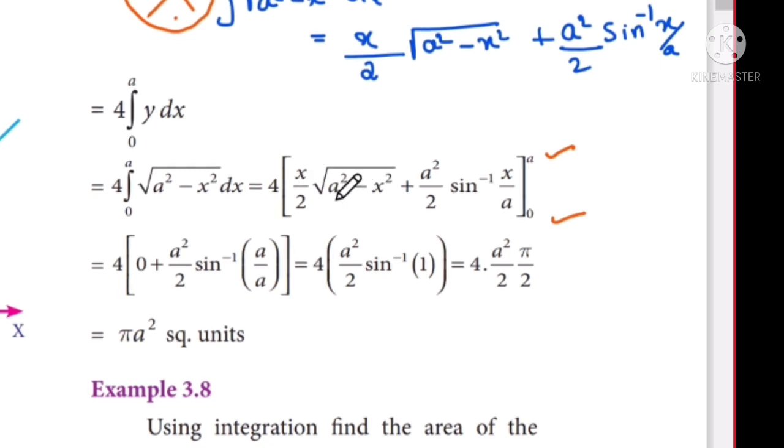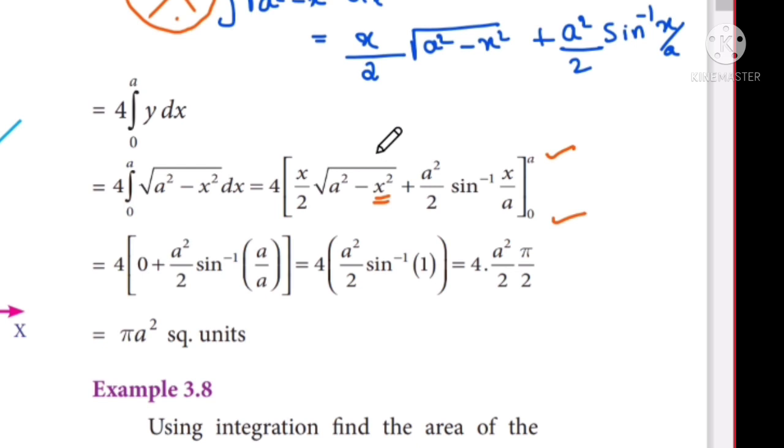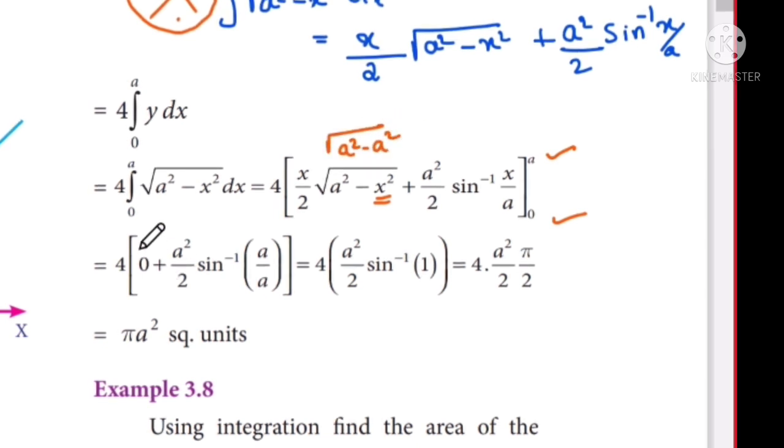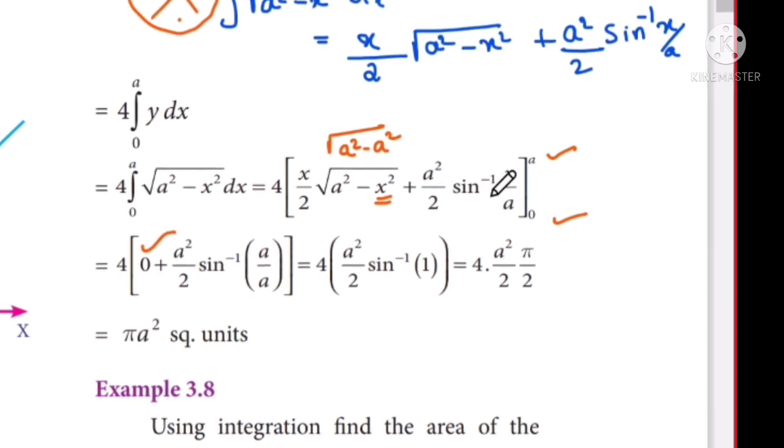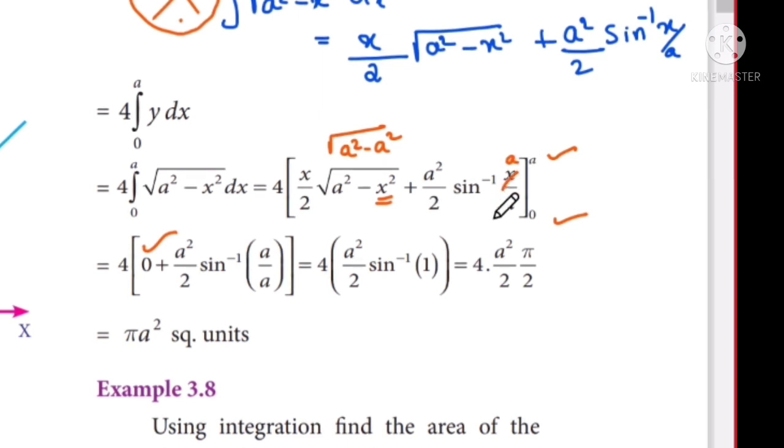Root of a square minus a square is 0, that's why that term is 0. In a square by 2 sine inverse, replacing x by a, a by a gives 1. So the upper limit is this.